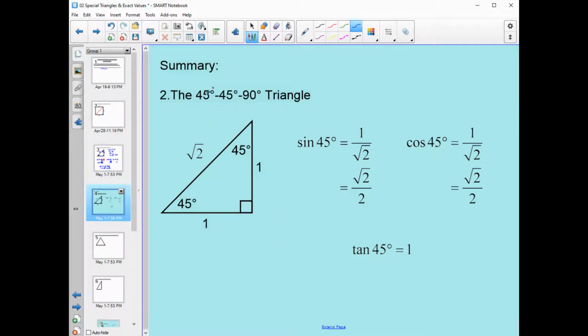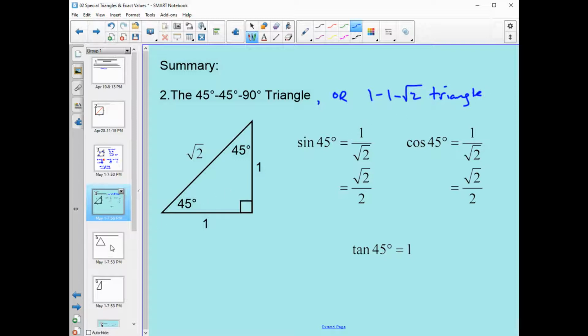You can even see it more formally here, probably because of something our textbook says. I also quite often refer to it as the 1, 1, root 2 triangle, and I do think that repeating this is going to help you remember what those side lengths are.